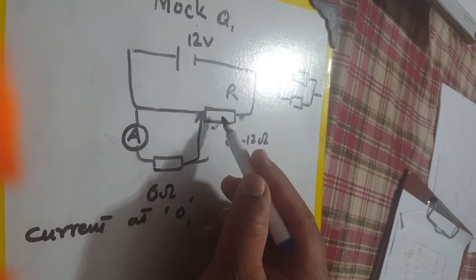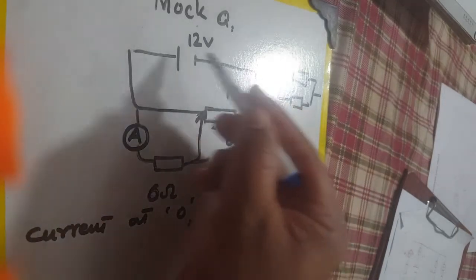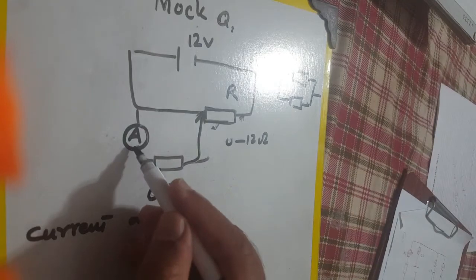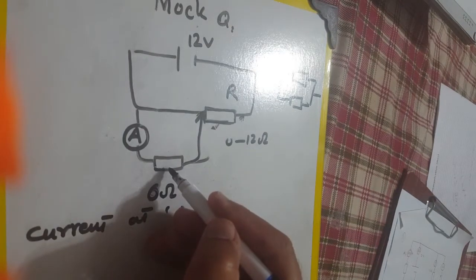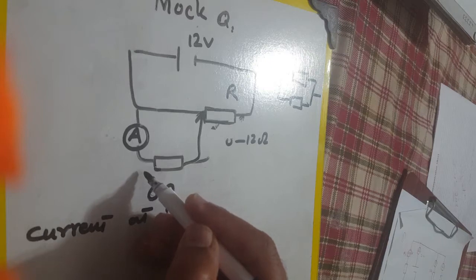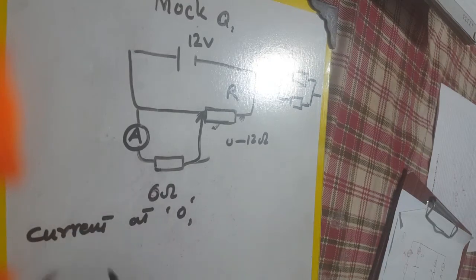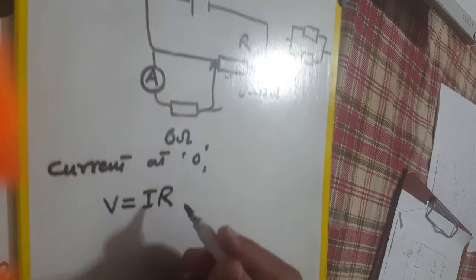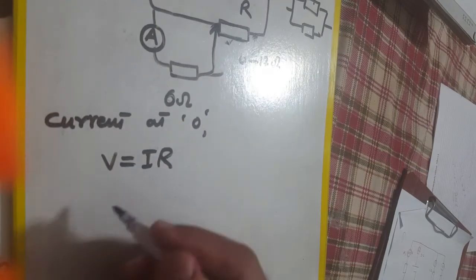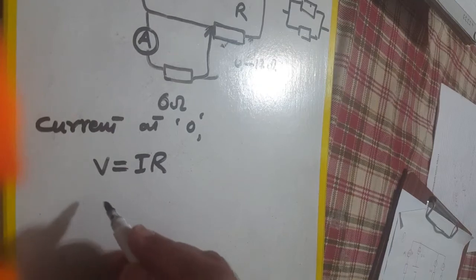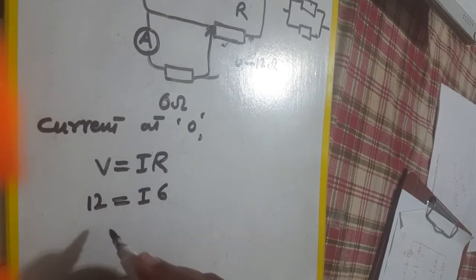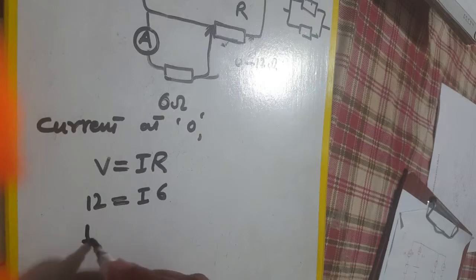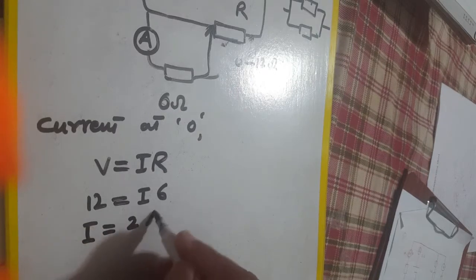He is not concerned about the current in the battery. He is concerned with the current in the ammeter. So this resistor will get 12 volts. So V is equal to IR. We will have voltage 12, current I, resistance 6, current will be 2 ampere.